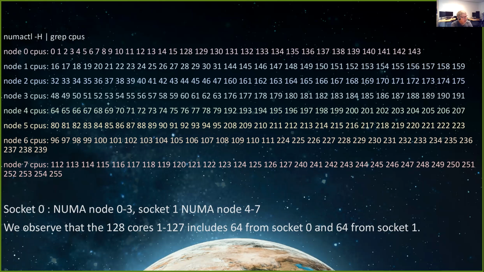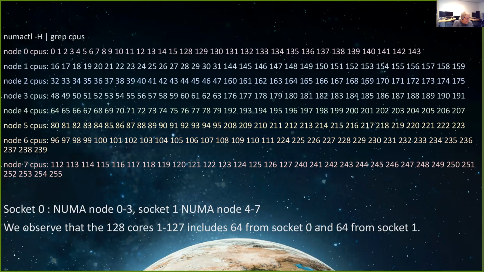So scheduling the threads on local banks is important, and the way we can do this is to fix the threads to run only on the cores that are attached to the local memory. The simple way of doing it is using numactl and setting it to -l, local, and that will try to allocate memory on the local memory banks.